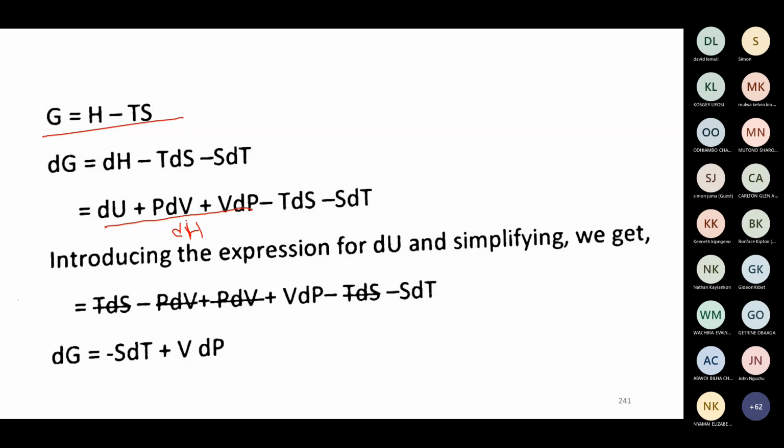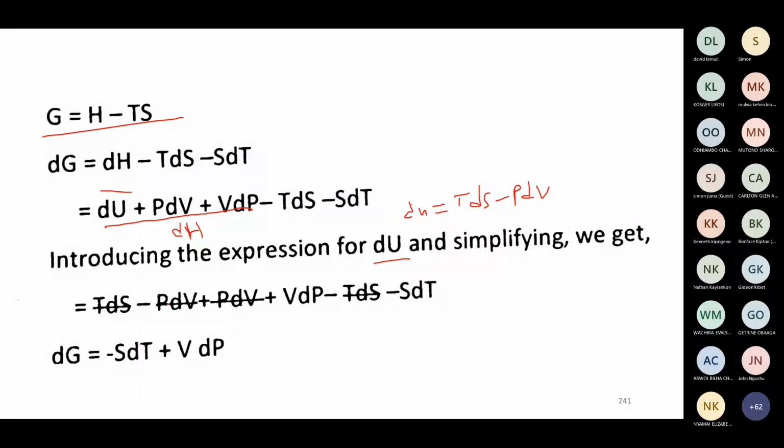Now when you introduce the expression for dU, which is the same as TdS minus P dV, this becomes TdS minus P dV plus P dV plus VdP minus TdS minus SdT.